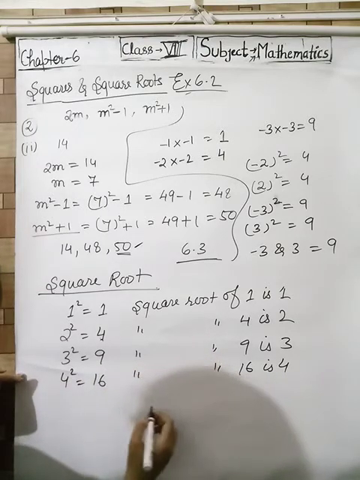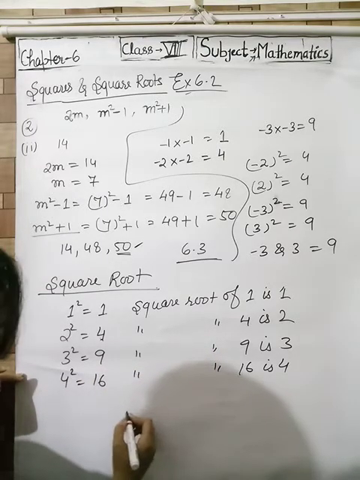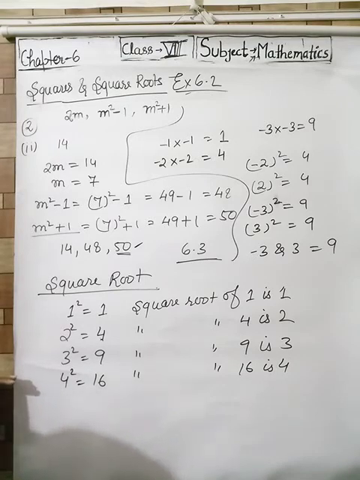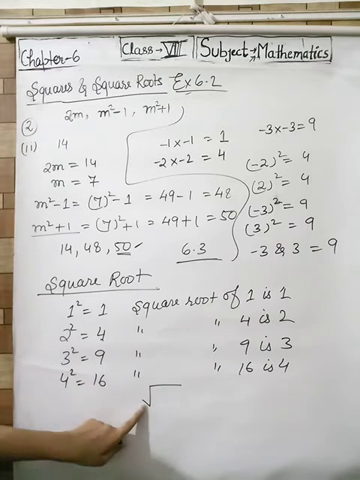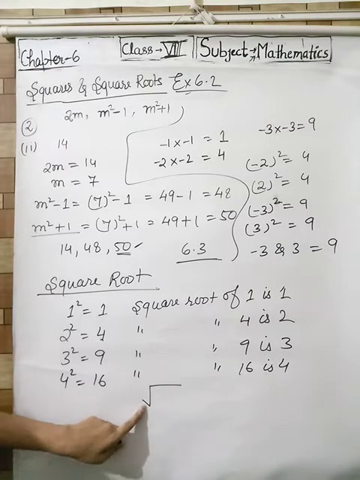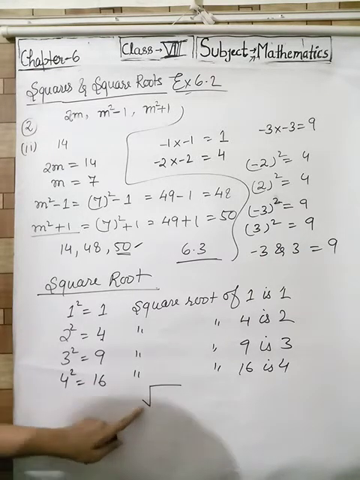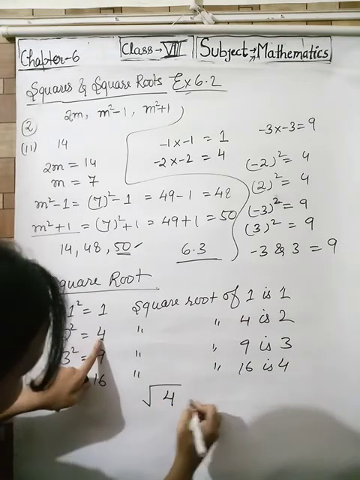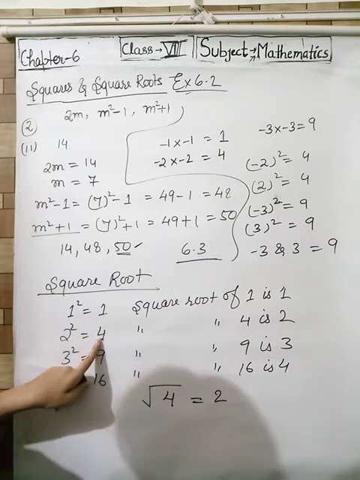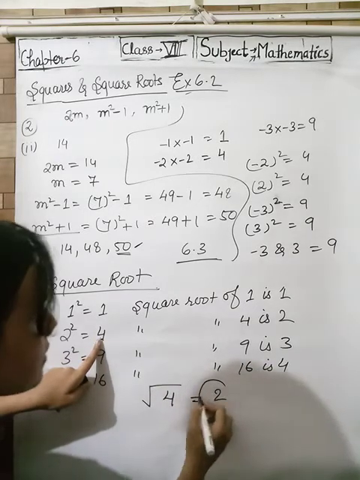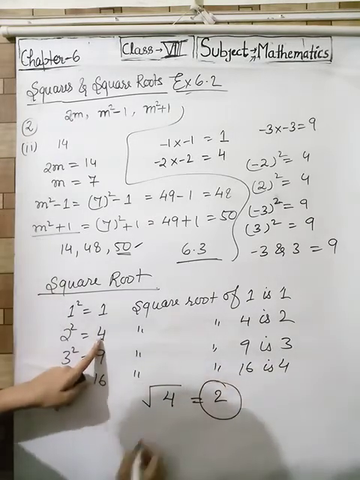So the square root of a number is represented by this symbol, and square root of 4 is equal to 2. Here in this chapter we will only discuss positive values.